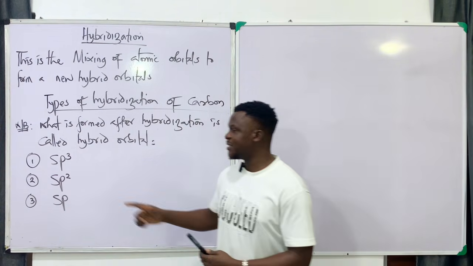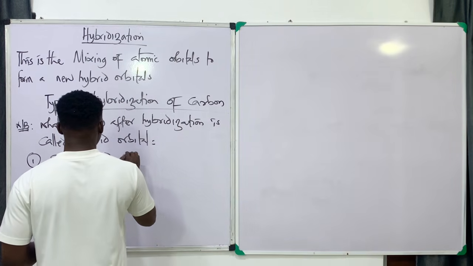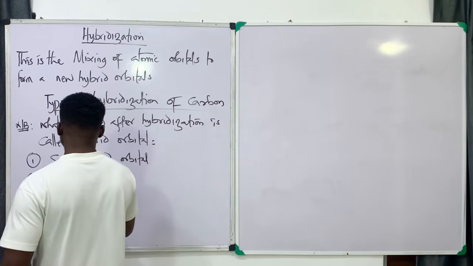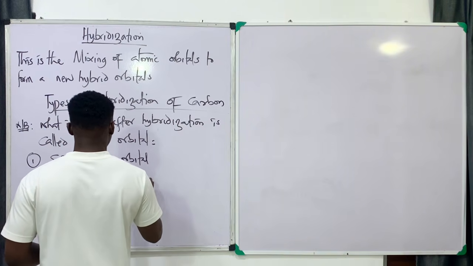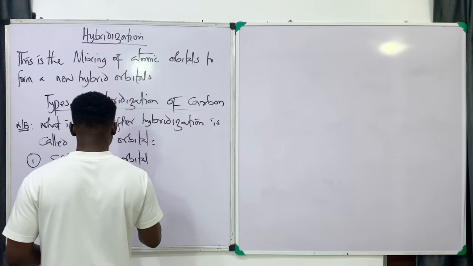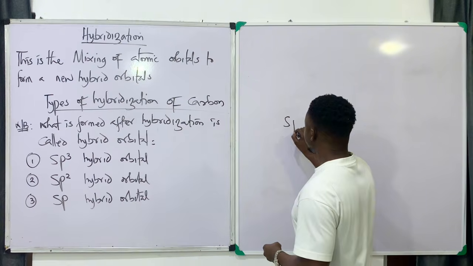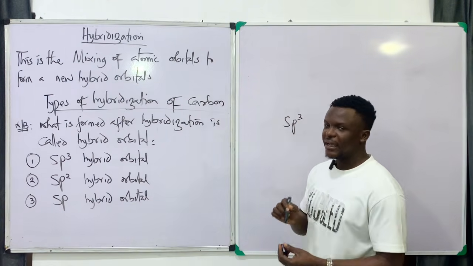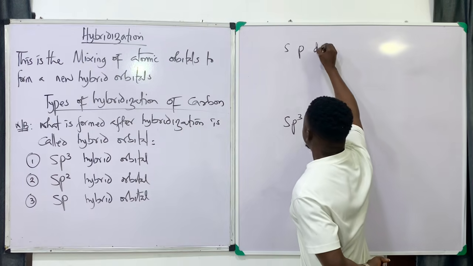And the first one is sp3 hybrid orbitals. The next one is sp2, and the next one is sp hybrid orbital. Now let me explain something. In the sp3, do not forget that in terms of atomic orbitals, these are the orbitals we have.